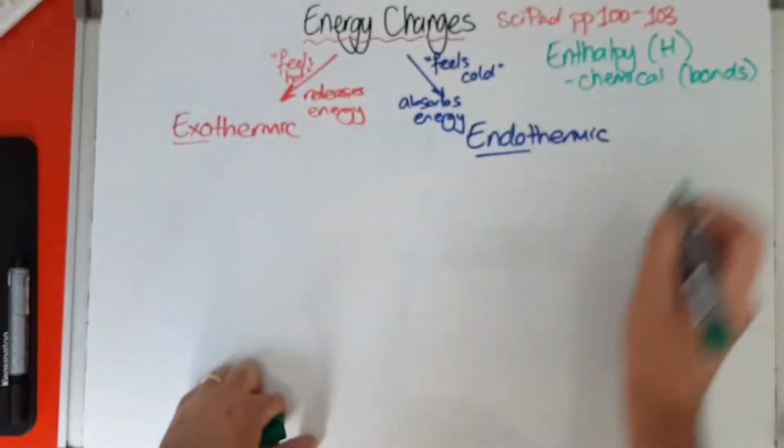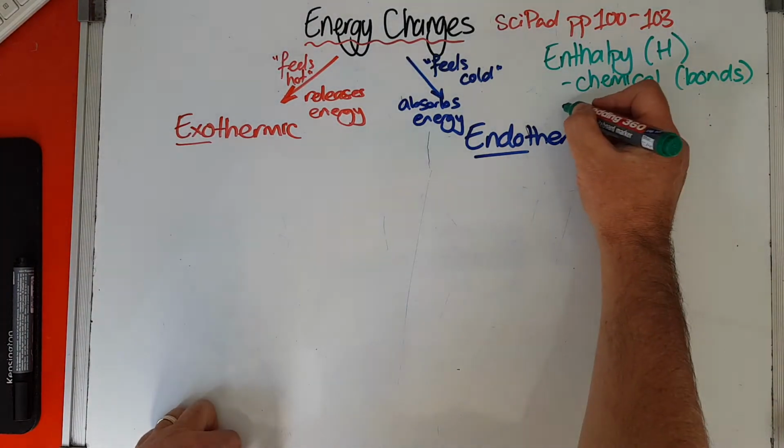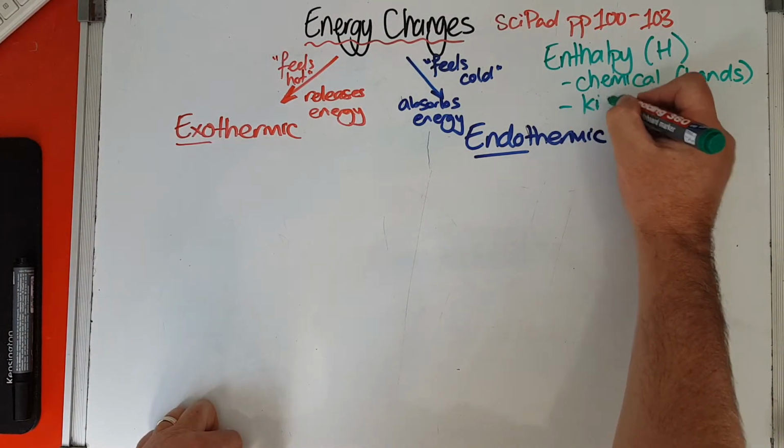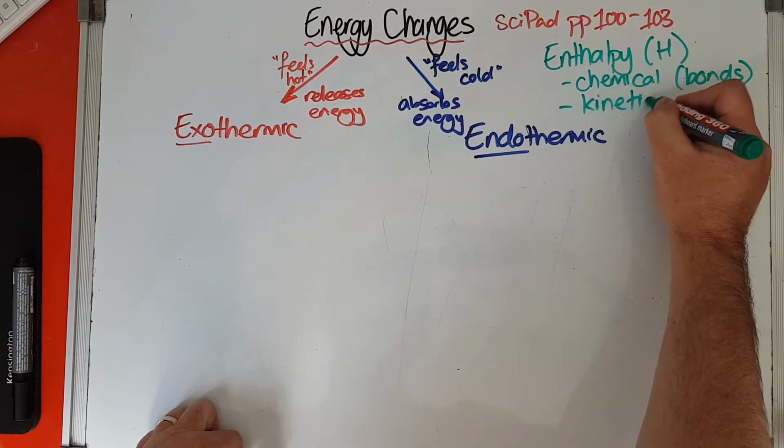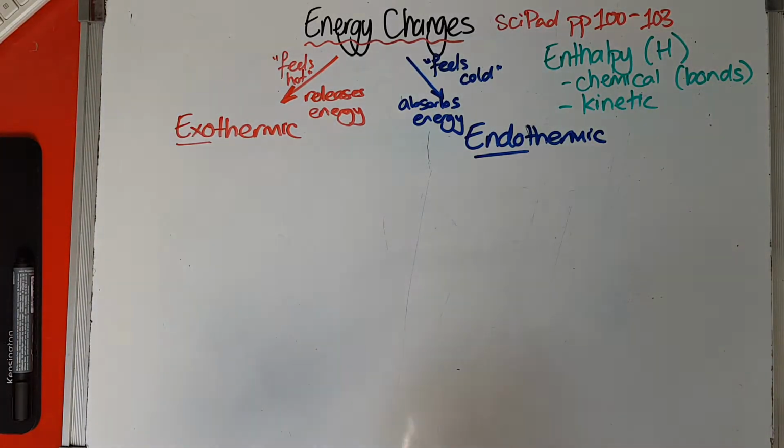So that chemical energy is in the chemical bonds, and it's to do with the kinetic energy of the particles, and that's what links to the past part of our topic, the kinetic energy of the particles.